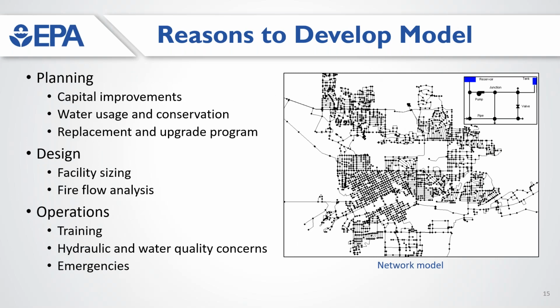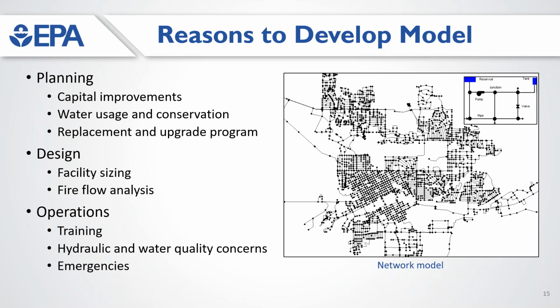There are multiple reasons why we suggest developing a model of your distribution network system. Central to using EPANET or performing a water distribution model is the need for a model. The motivation could include developing a model to perform planning exercises or capital improvements, to better understand water usage and conservation needs, or how best to implement a tank or pipe replacement project.